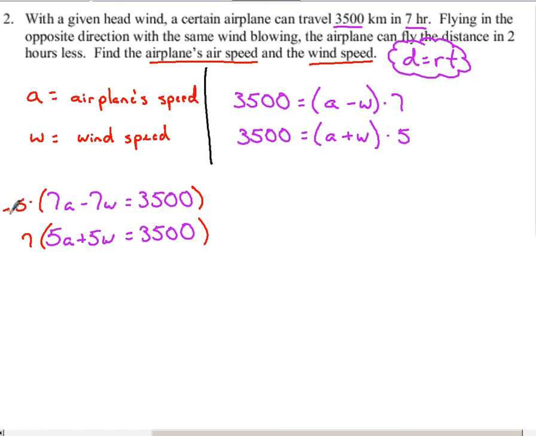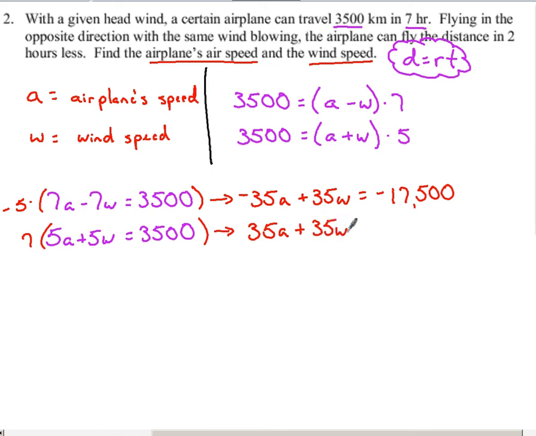If you multiply that negative 5 through the top equation, you get negative 35a plus 35w equals, let's see, what is that? If you multiply, you get negative 17,500. And then adjusting your second equation, you've got 7 that you're multiplying through, so you get 35a plus 35w equals 7 times 3,500.